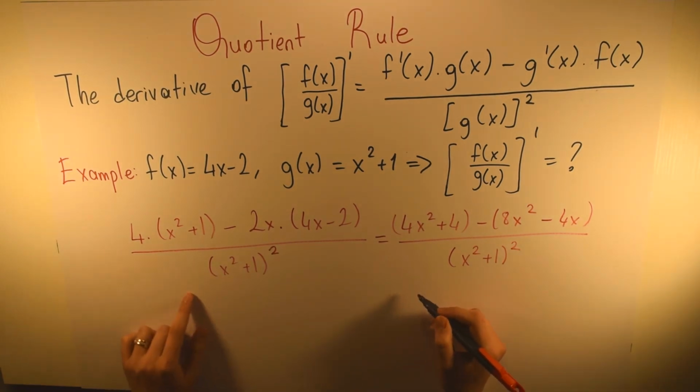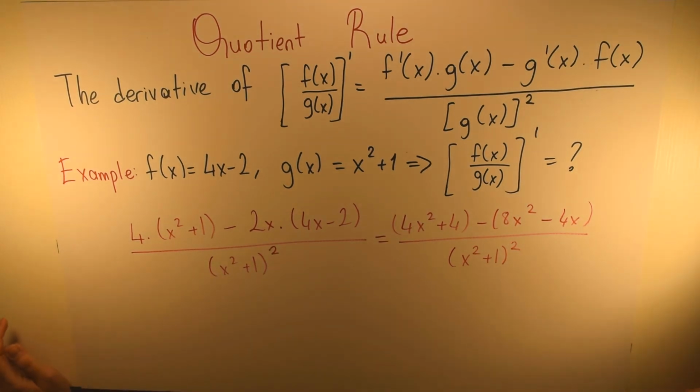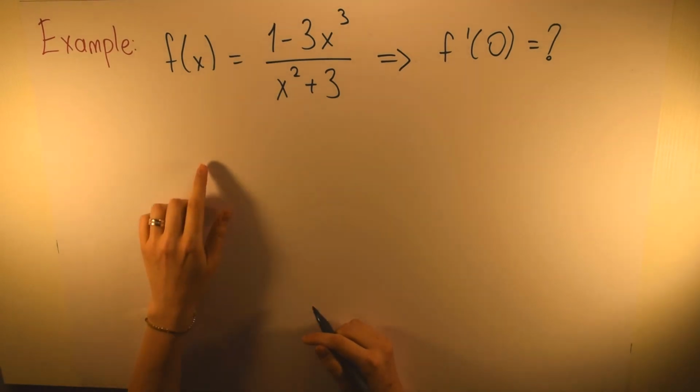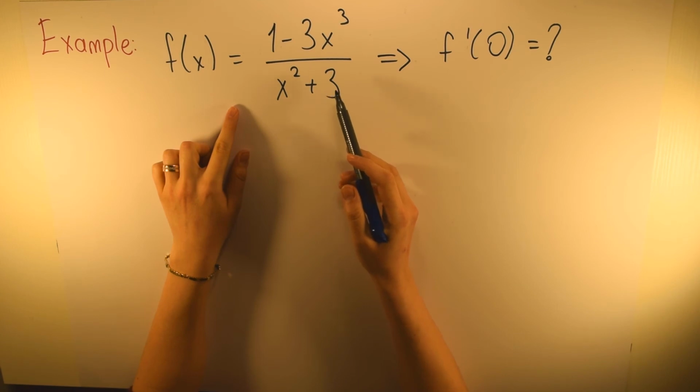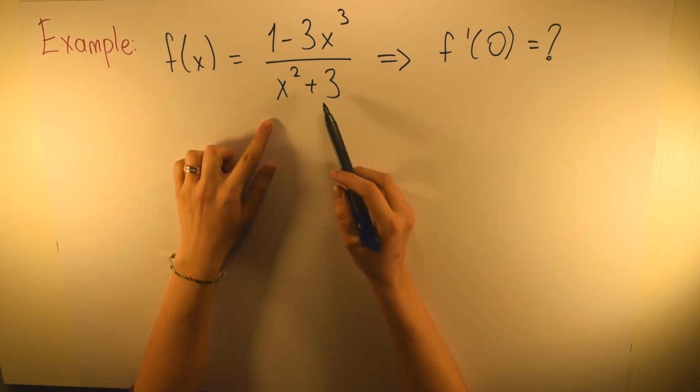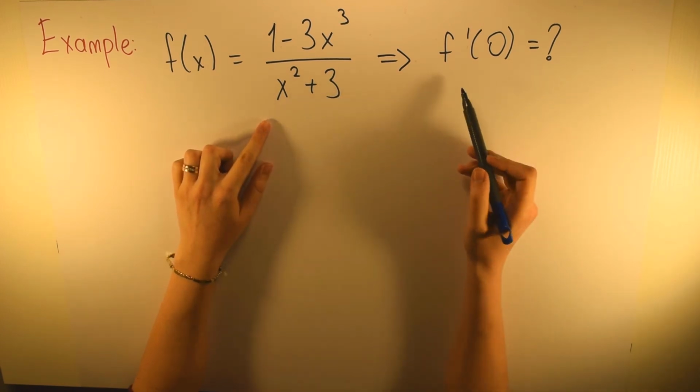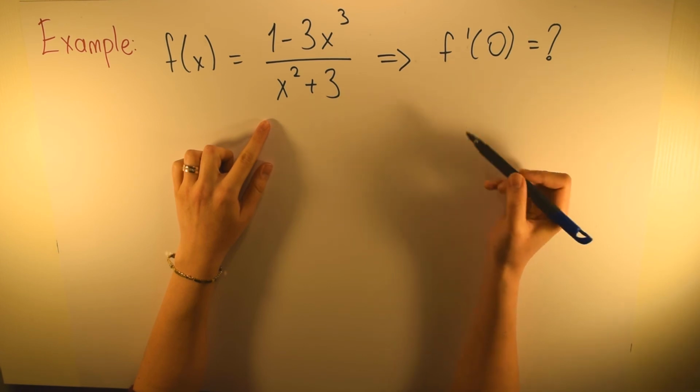So this is our answer for our question. Let's continue with this example. Here we have f of x is equal to 1 minus 3x cubed over x squared plus 3. So the derivative of f of 0 is asked.